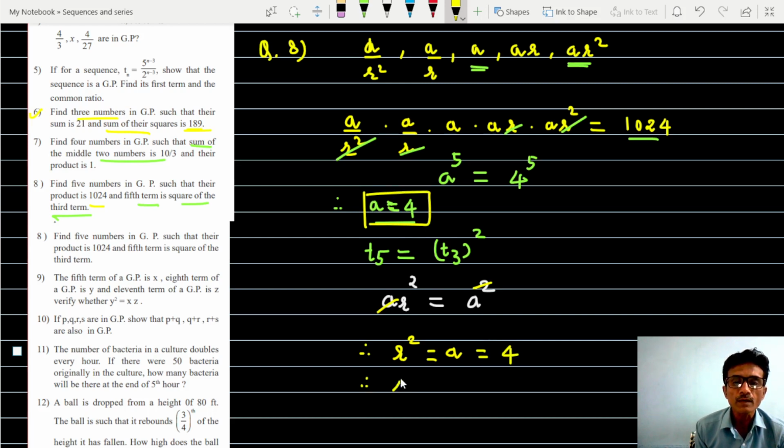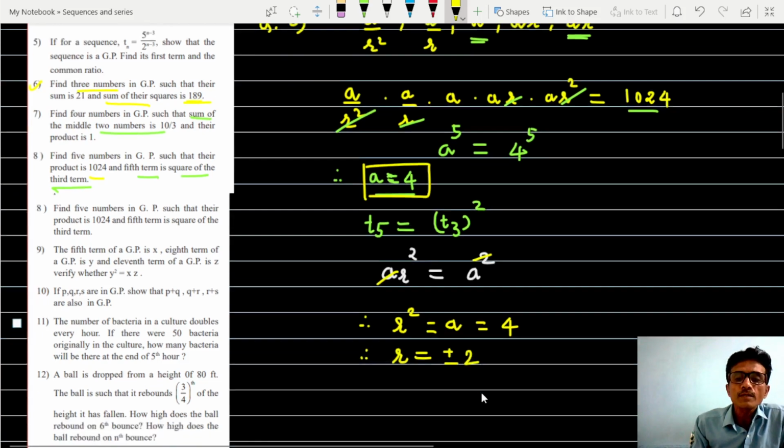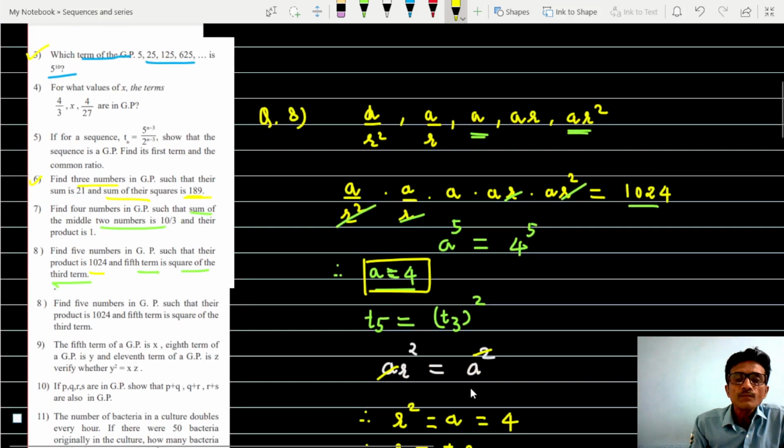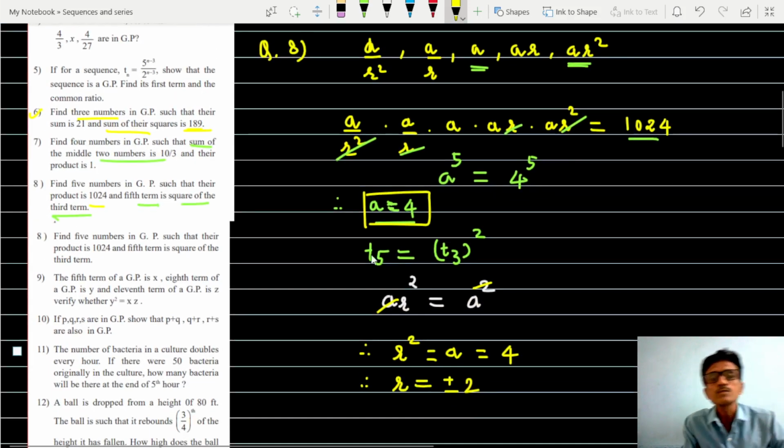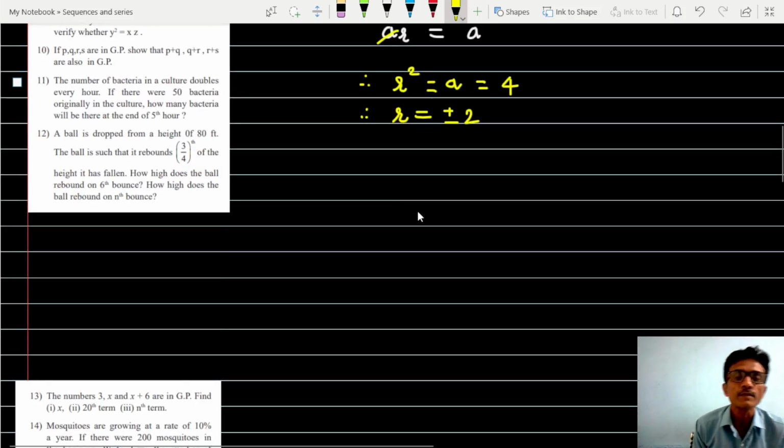Therefore you are getting r is equal to plus or minus 2. Okay, r square is 4 means r is equal to plus or minus 2. So accordingly, if we take first r is equal to plus 2 and a is equal to 4, so what numbers are you getting?